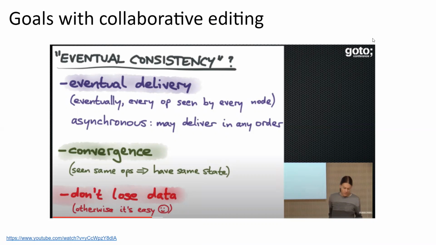So what happens with collaborative editing, right? There are three major goals. The first is what he talks about as eventual delivery, right? So you have, let's say, two people editing a document. And let's say the network connection for me went down, and I come back after an hour. Eventually, anything that has been propagated to the central server, every operation, should be propagated to every editor.